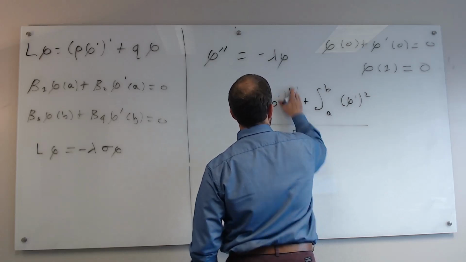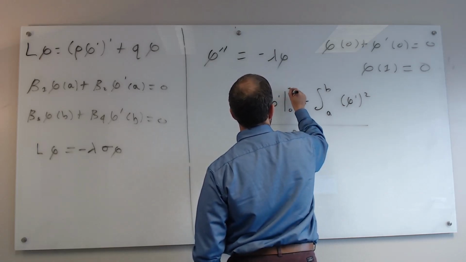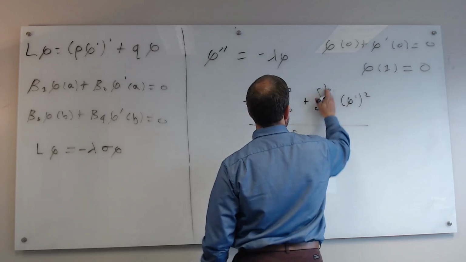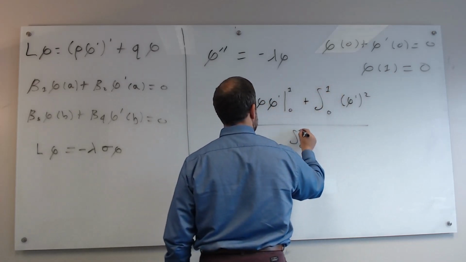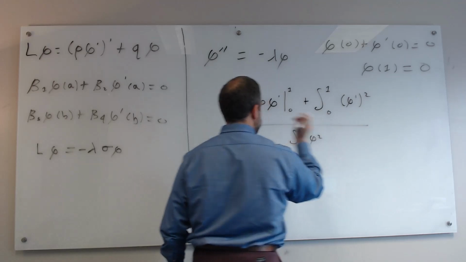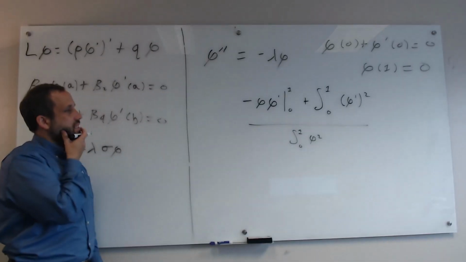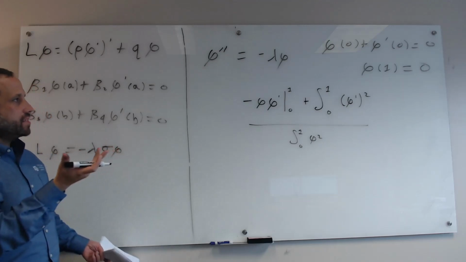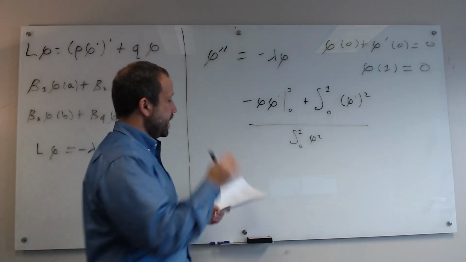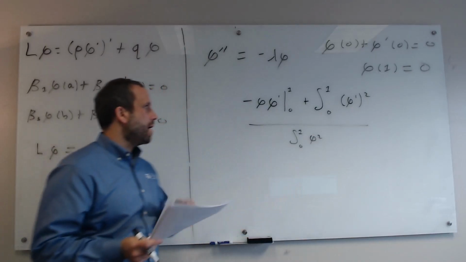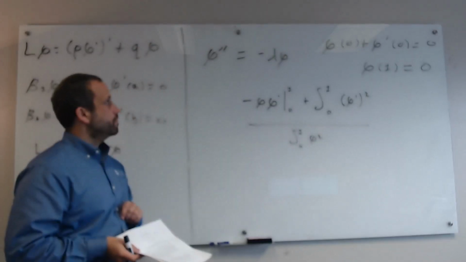A and B are 0 and 1, so this is 0 to 1. So I want to compute or estimate this. Is it positive? Is it negative? Phi is just going to be any eigenfunction, and I want to analyze this.